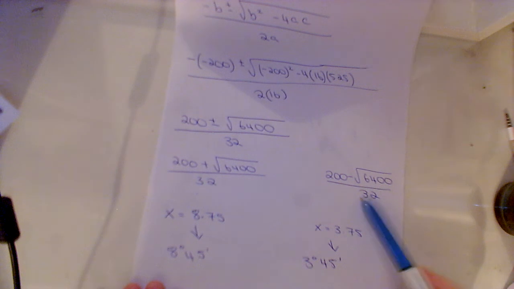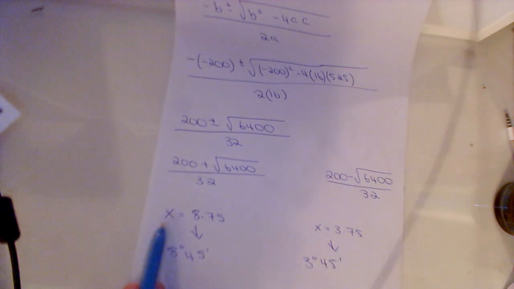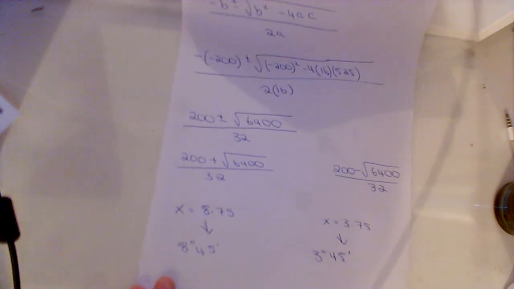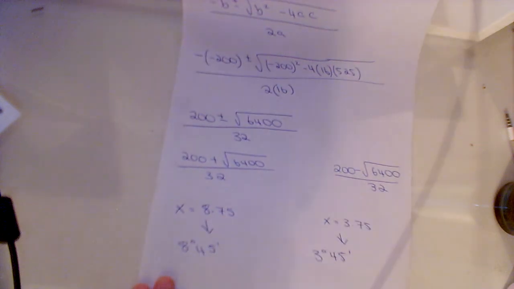So I get t is equal to 8.75, or t is equal to 3.75. But remember, we're dealing with time, so this is 8 minutes 45 seconds, or 3 minutes 45 seconds, or you could say 8 3/4 and 3 3/4.